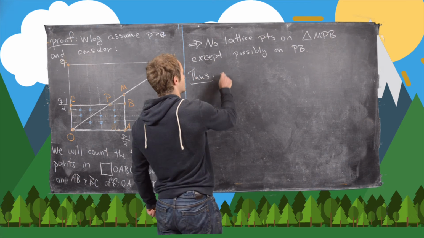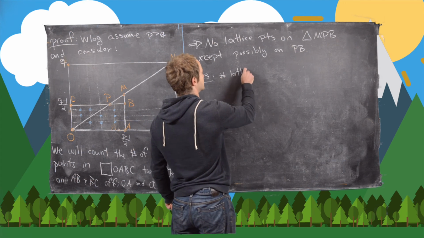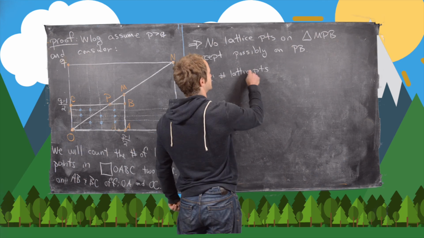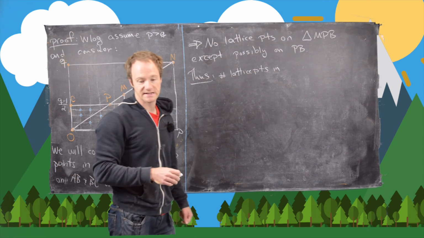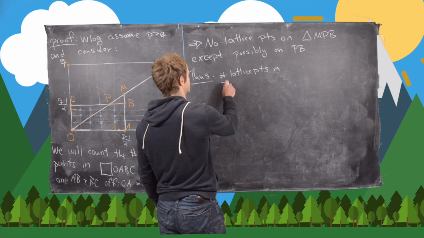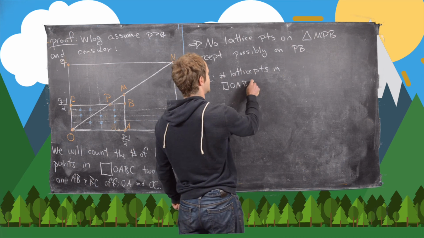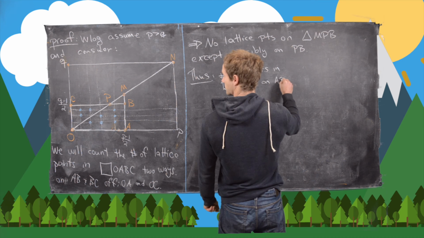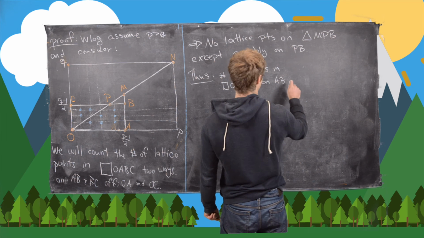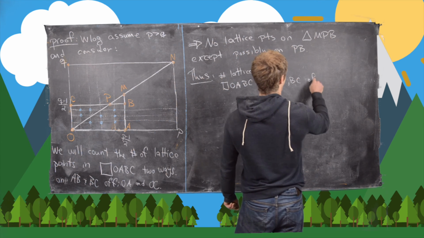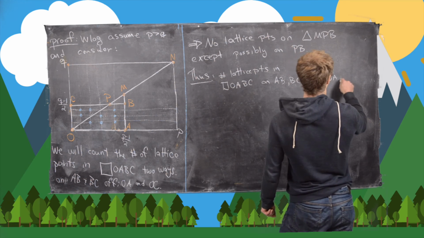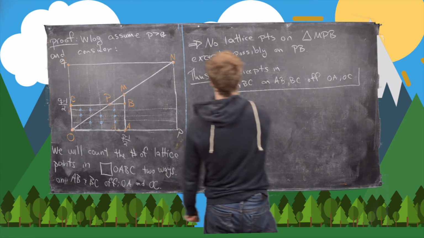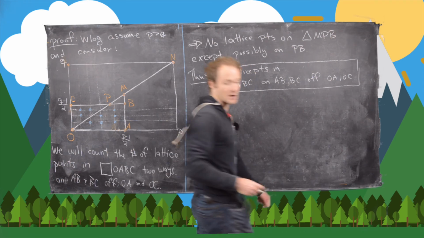So now thus, we have the following. The number of lattice points in the rectangle that we want, OABC, on AB and BC, off OA and OC. So remember, that's our goal.